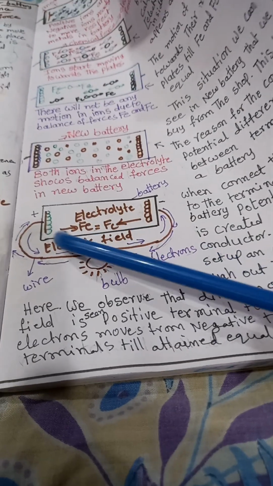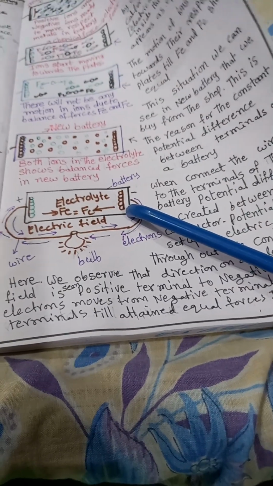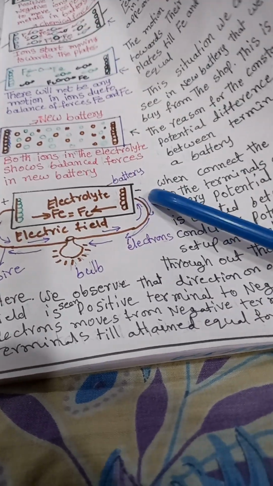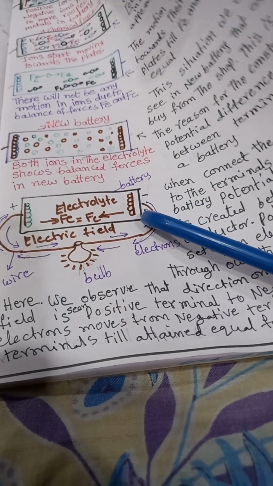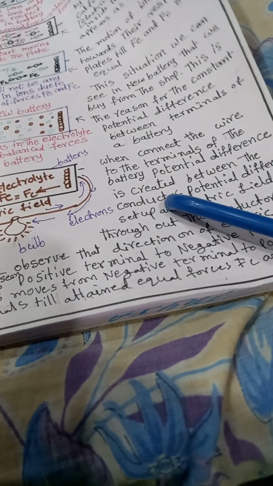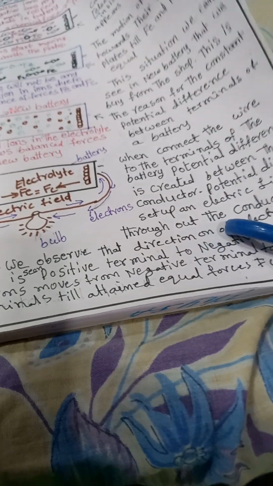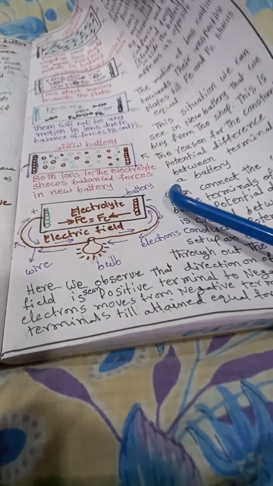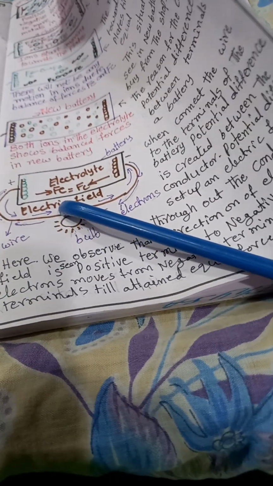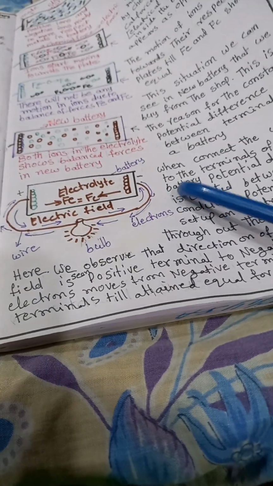So here the potential difference is created between the two metal plates, with high potential at one end and low potential at the other end of the battery. The potential difference sets up an electric field throughout the conductor. So when connecting the battery with a wire, the electric field is automatically set up throughout the wire.